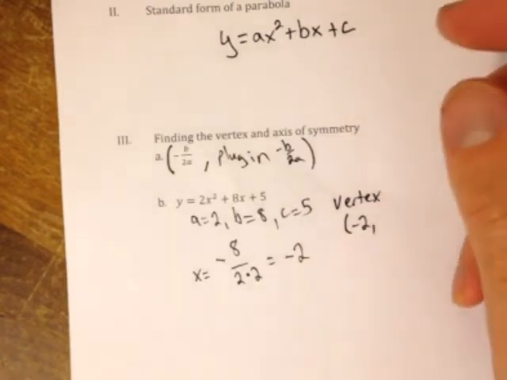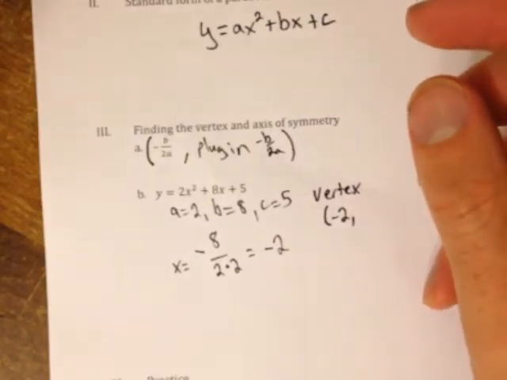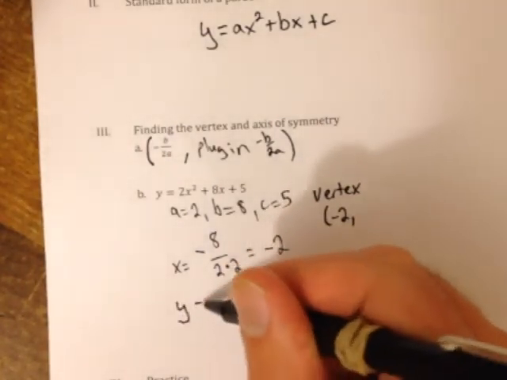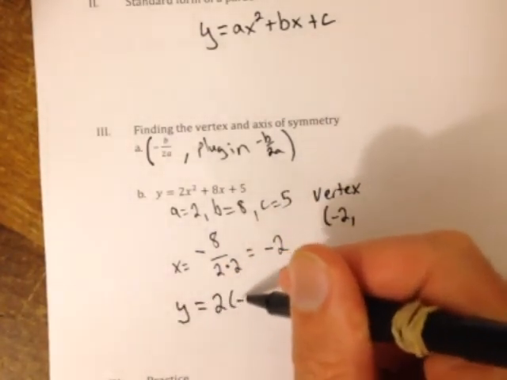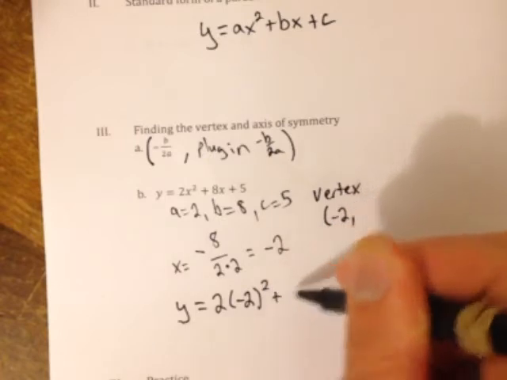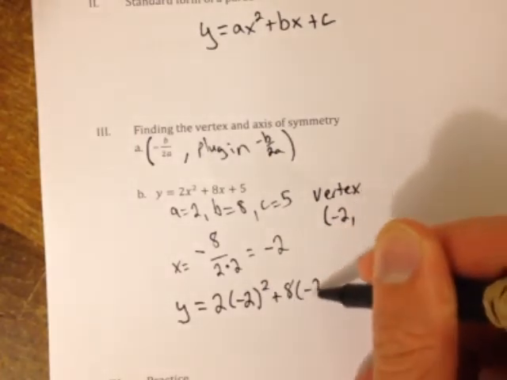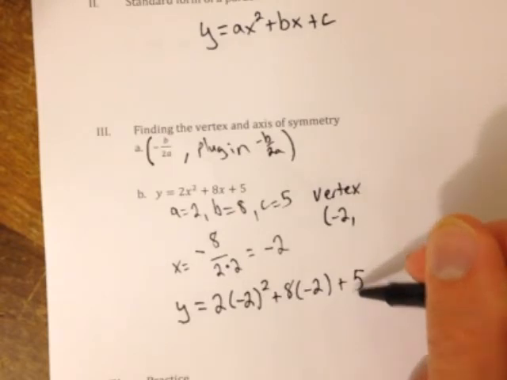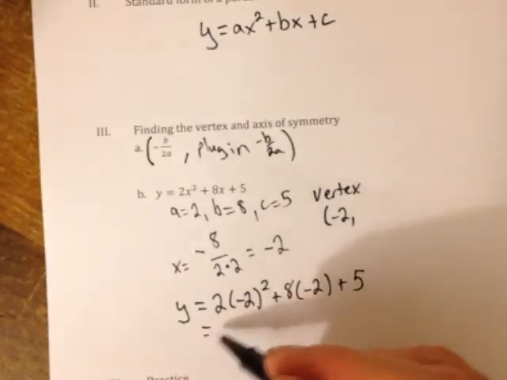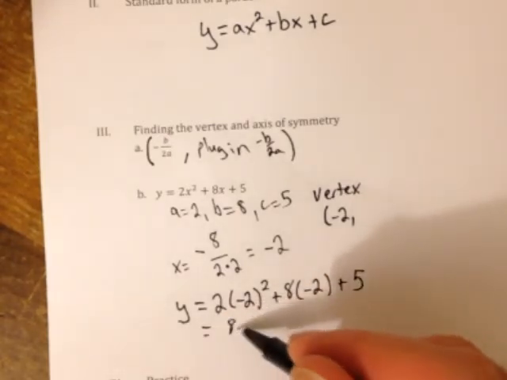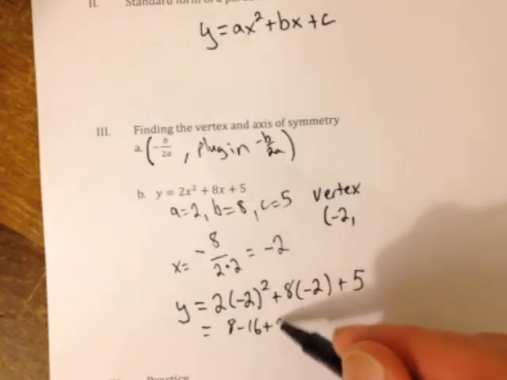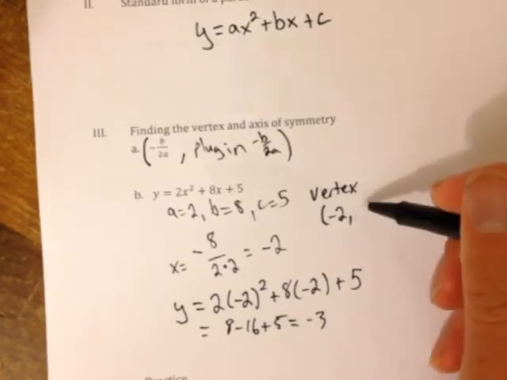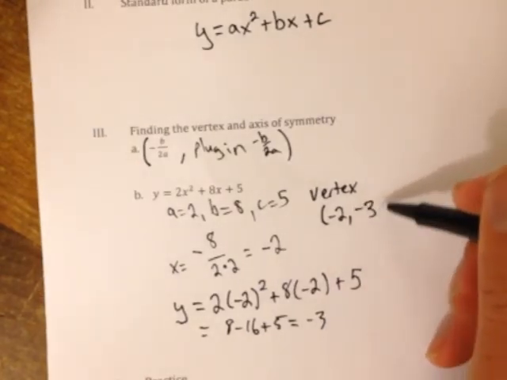To figure out my y value, I've got an equation for the parabola, and I'm going to plug that in for the x, and then all I'm going to do is evaluate the right hand side of that equation, and I get 8 minus 16 plus 5, which is negative 8 plus 5, or negative 3. So my vertex is negative 2, negative 3.